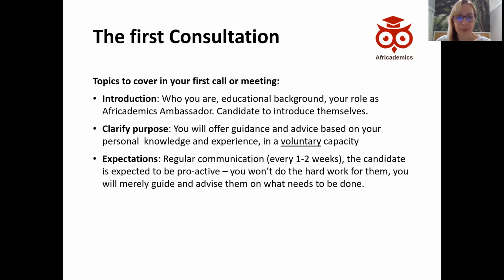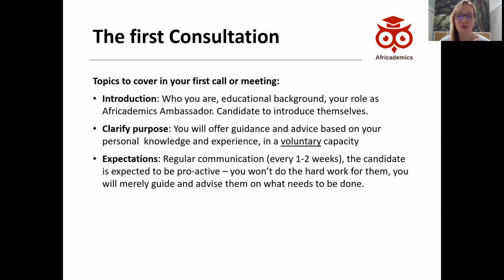In terms of the expectations, it's important that you lay that out at the beginning. You and the mentee or scholarship candidate should have a regular line of communication. You should check in every 1 or 2 weeks. It's always a bit difficult to say how long a mentee-mentor relationship will last. It might be very quick, maybe the person finds a scholarship quickly and applies the next month, and then that's it.